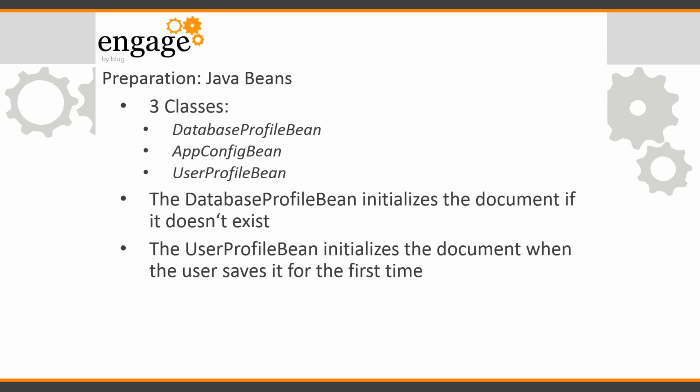The next step is to create the beans. I'm using 3 classes until here: the database profile bean, the app config bean, and the user profile bean. Be careful what you name your bean classes and how you define them in the Faces config, because some of the names you might want to use are reserved, and they produce very strange behavior of your system.